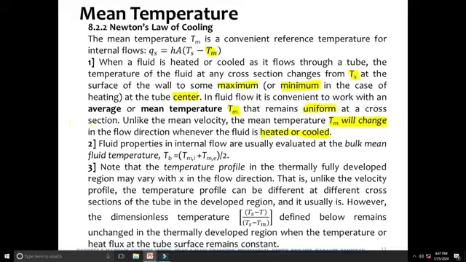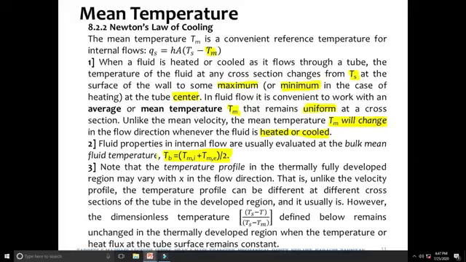So Tm will not remain the same. The fluid properties in internal flow are usually estimated at the bulk mean temperature. This is an important point. In the previous chapters, we used to find the properties of the fluid at the film temperature, which was the average of Ts and T infinity. Remember, we used to write Tf as Ts plus T infinity over 2.